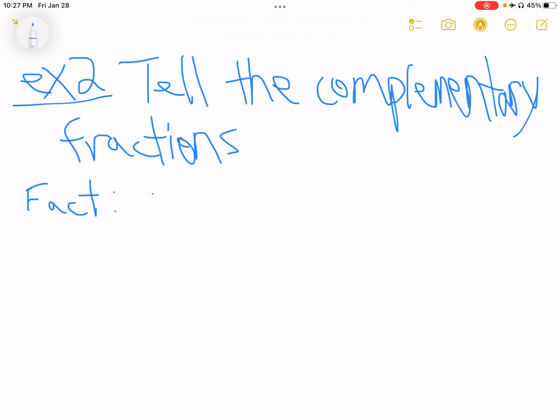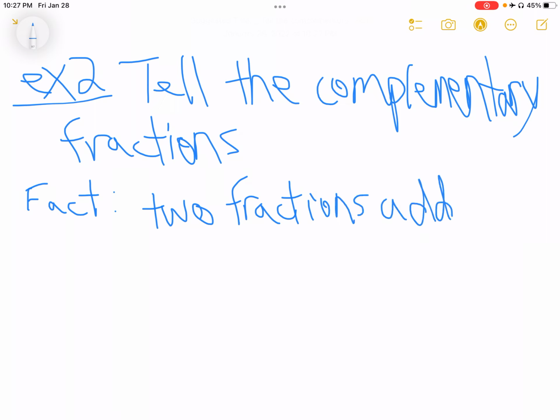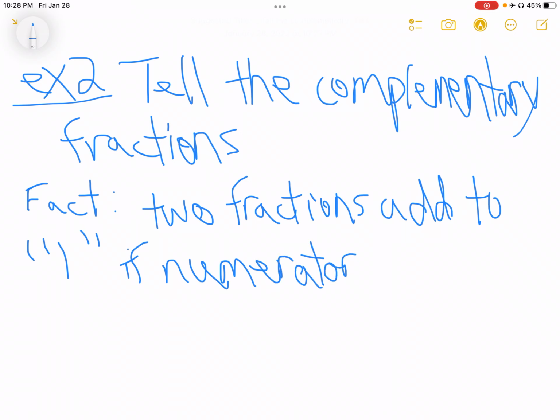say that two fractions add to 1, right? They add to the number 1 if the numerators, so the numerator is the top piece, if the numerators add to the denominator number, right?